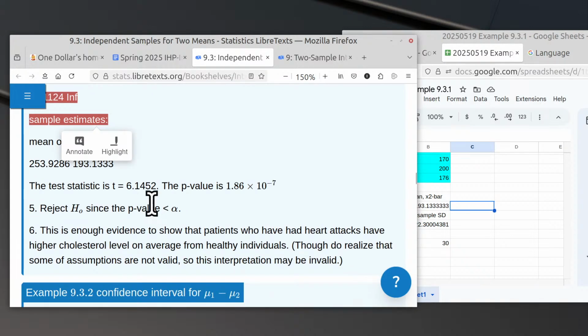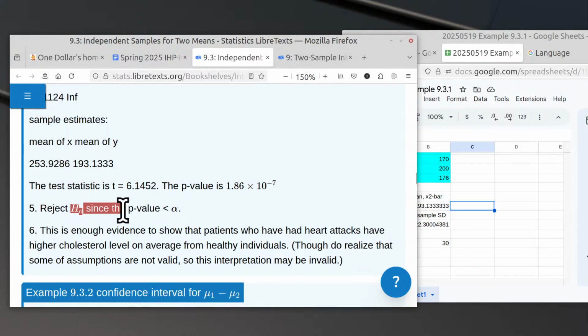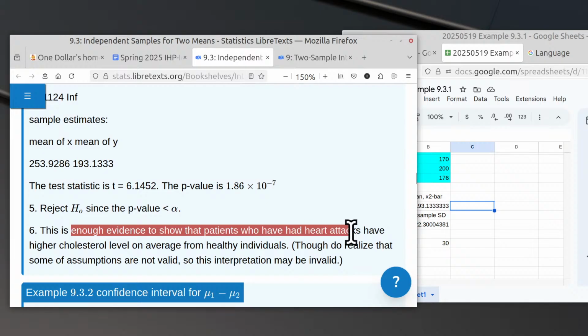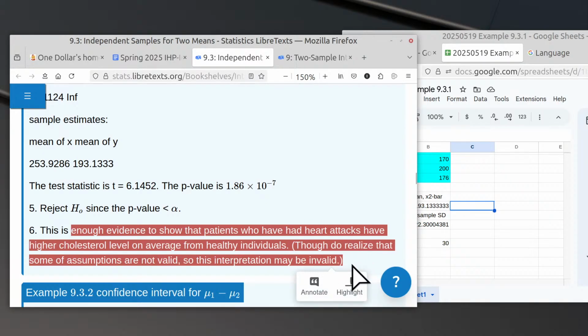Thus we have strong evidence to reject the null hypothesis. There is enough evidence to show that patients who have had a heart attack have a higher cholesterol level on average than healthy individuals, though some of the assumptions are not valid, so this interpretation may be invalid.